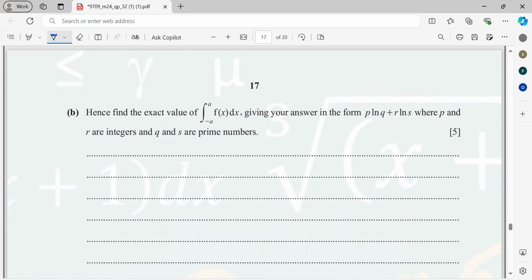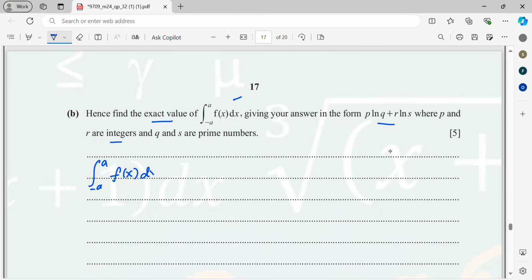Part B: hence find the exact value of this integration. Leave your answer in the form p ln q plus r ln s, where p and r are integers, q and s are prime numbers. So integrate from minus a to a f(x) dx. That is to integrate from minus a to a all the partial fractions.